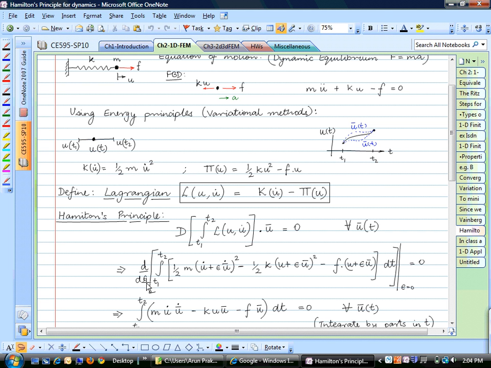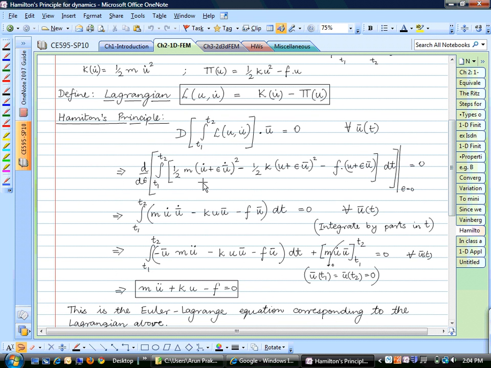Now we calculate the derivative with respect to epsilon, and you'll see that the only terms that will contribute are this m, and there will be a 2 epsilon v, 2 epsilon u bar dot. That will come right here after you take the derivative with respect to epsilon. The same thing will happen here.